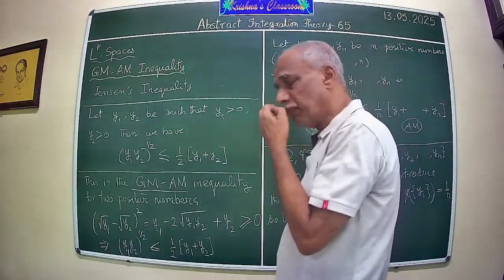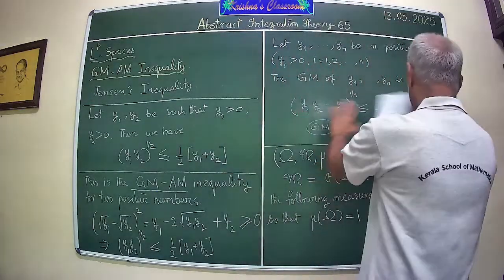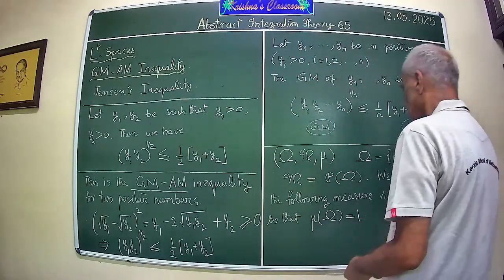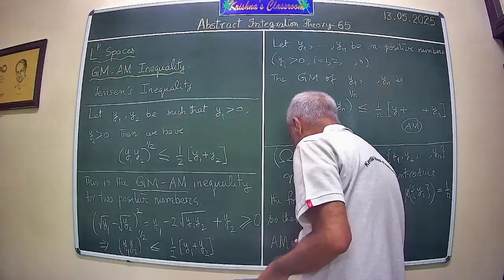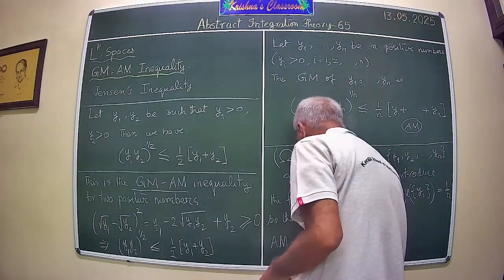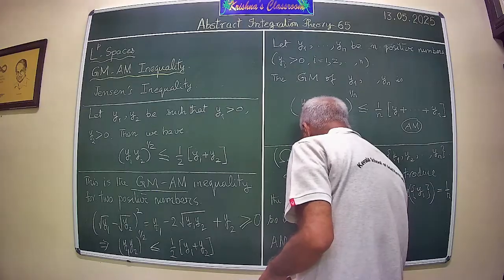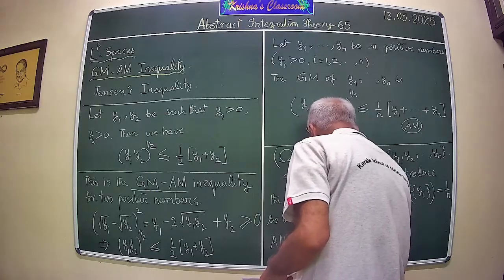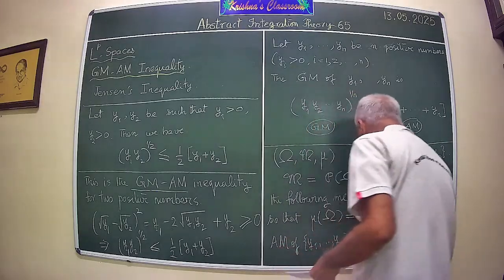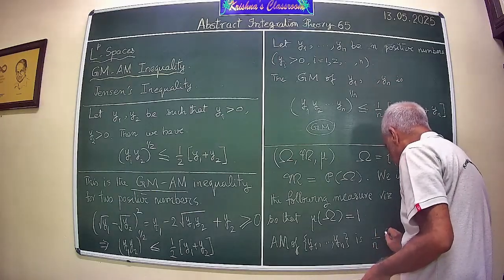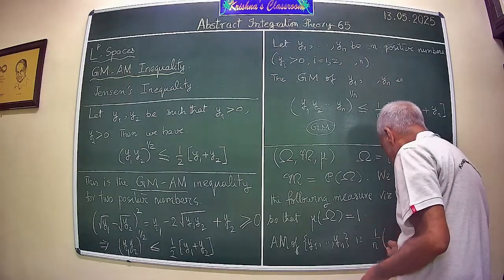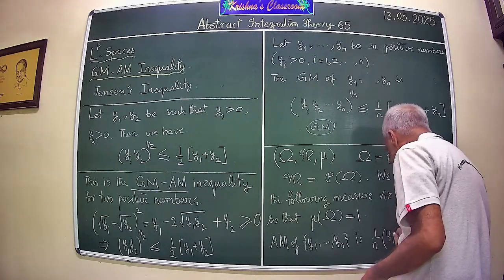Now let us rework either side of this inequality. So the AM is 1 by n times y1 plus up to yn.